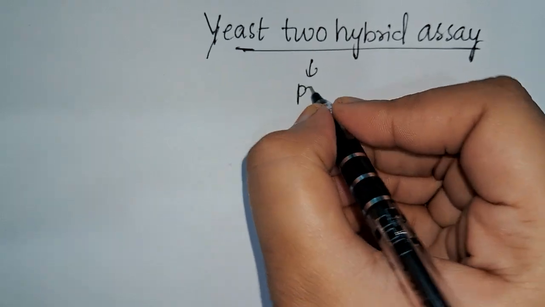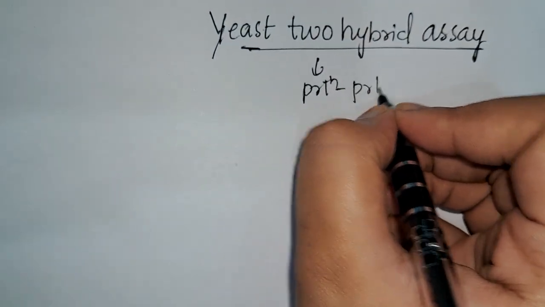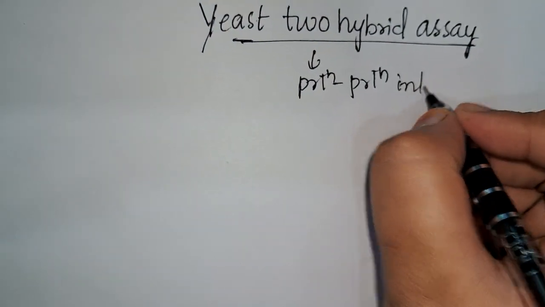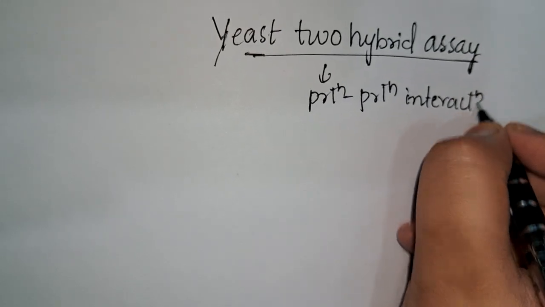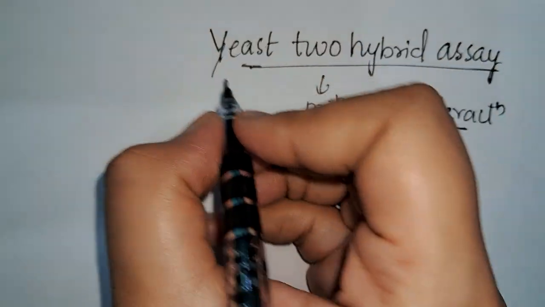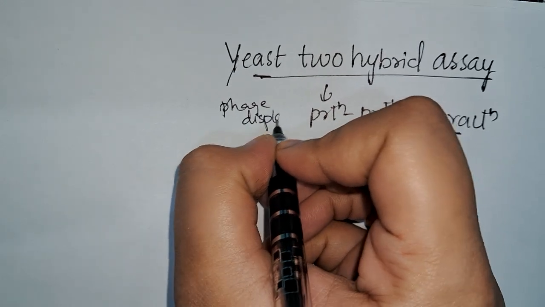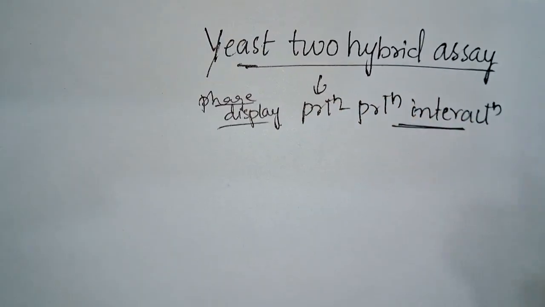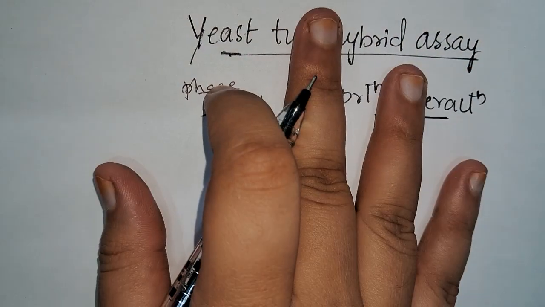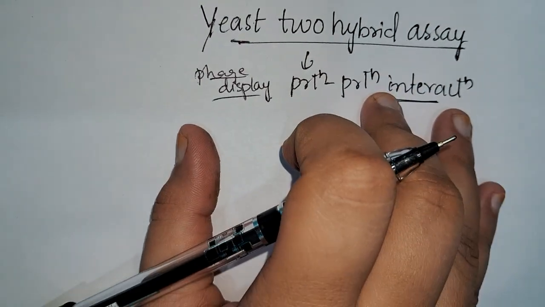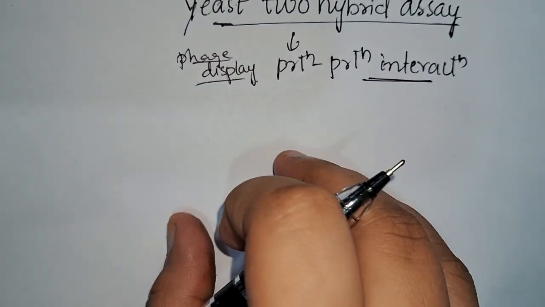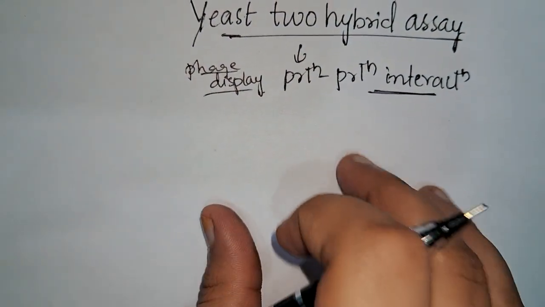Protein-protein interaction can be done in two ways: the yeast two hybrid assay and phage display. We'll see phage display in the meantime, but before that we'll see about the yeast two hybrid assay. So what is this actually about?